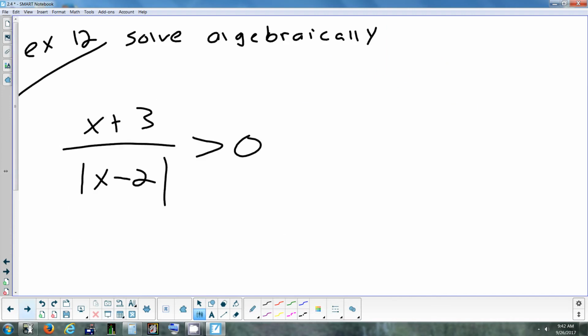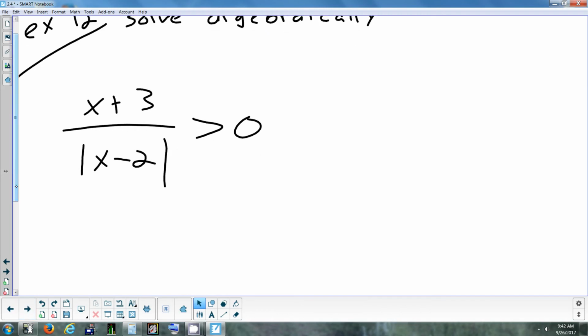All right. So let's finish up with this one. Okay, so we have x plus 3 divided by the absolute value of x minus 2. What are they asking about this?